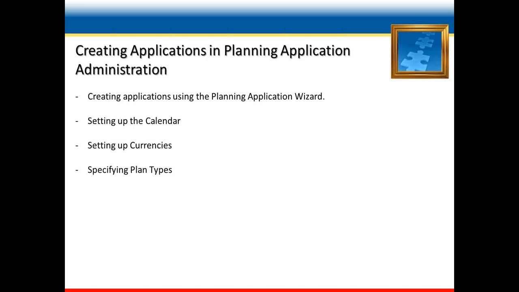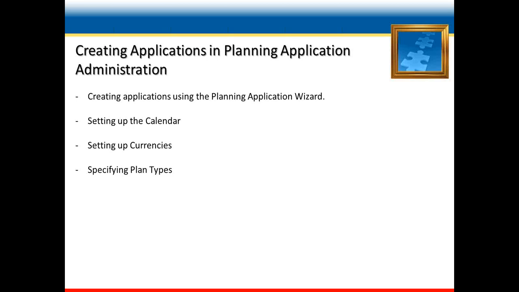About currency, a planning application can be used across different countries, so it comes down to the different currencies that those countries would have. We have to take that into consideration before creating the application.